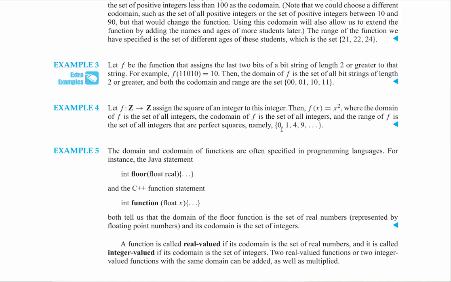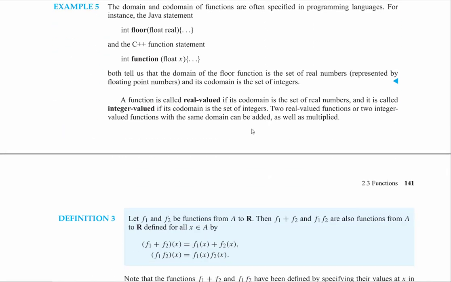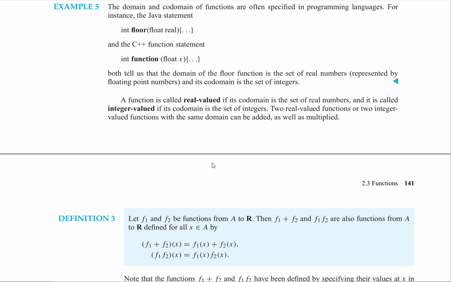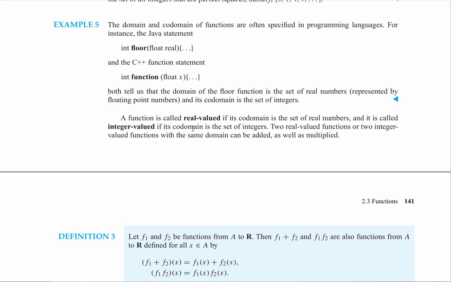We saw this one, squaring integers. There's so much terminology. If the codomain of a function is a set of real numbers, then you say the function is real valued. The values of the function are the outputs, what comes out.